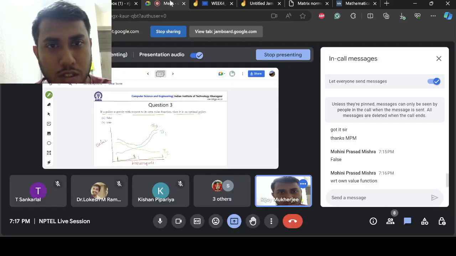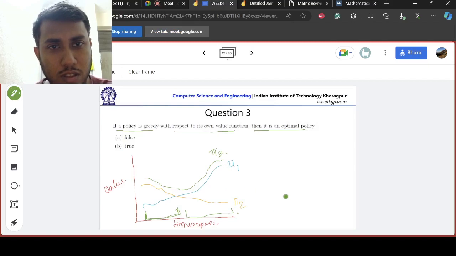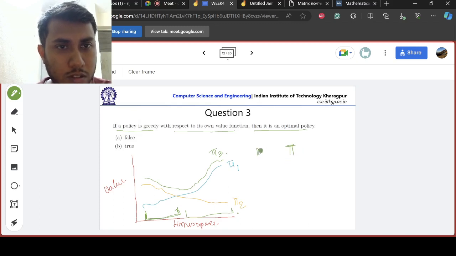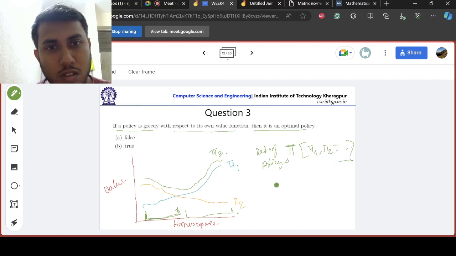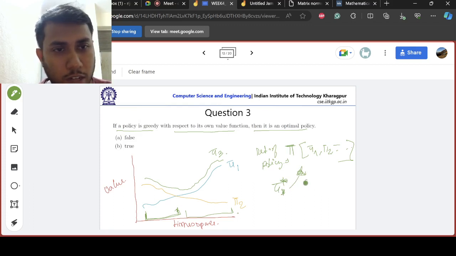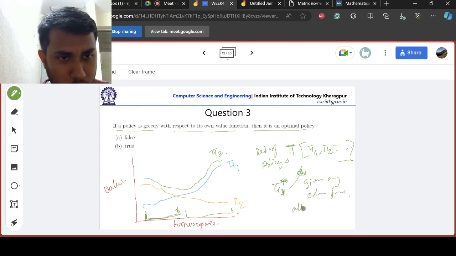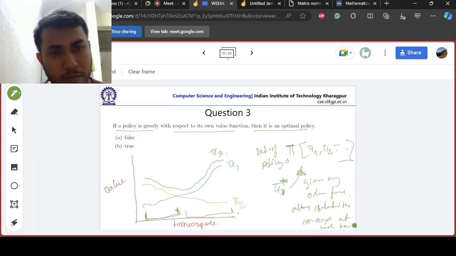These are all its own value functions. So if you are given a set of policies like pi 1, pi 2, dot dot dot, pi s or pi star, the goal is, given any value function, to always select the max at each time, right?